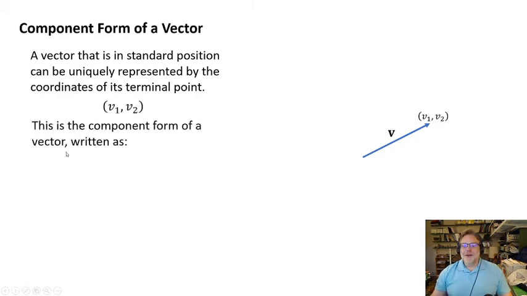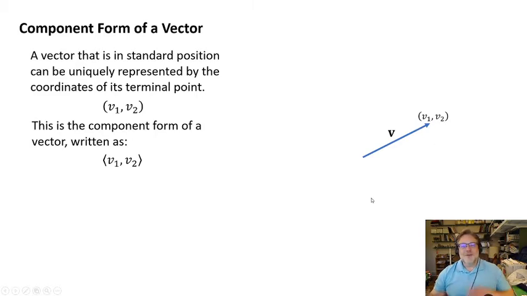This is the component form of a vector written like this. We can also describe this vector as having an x component and a y component. The portion described by V1 is how much the vector is pointing in the horizontal direction, and the vertical coordinate V2 describes how much this arrow is pointing in the vertical direction.